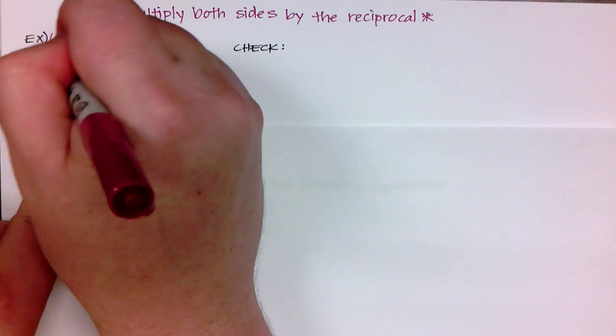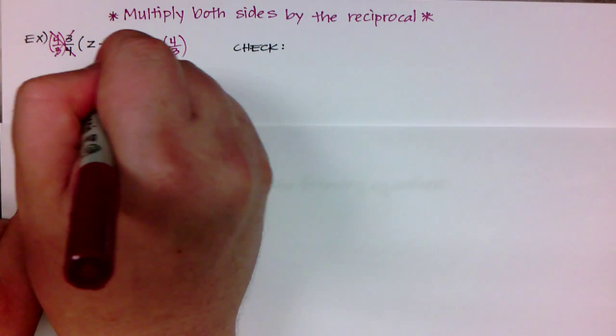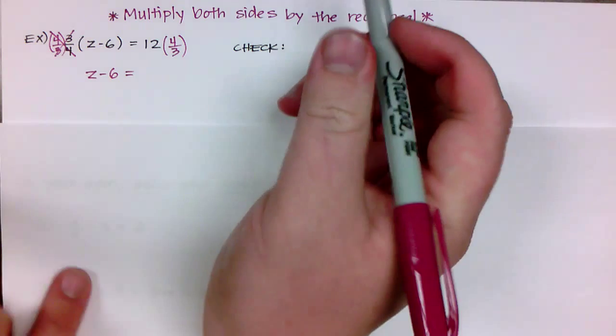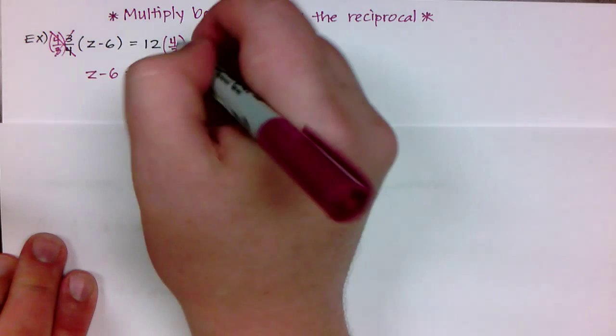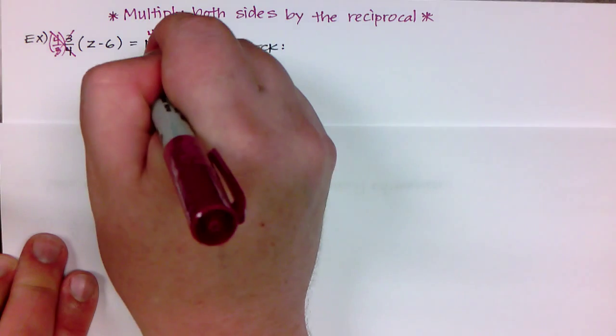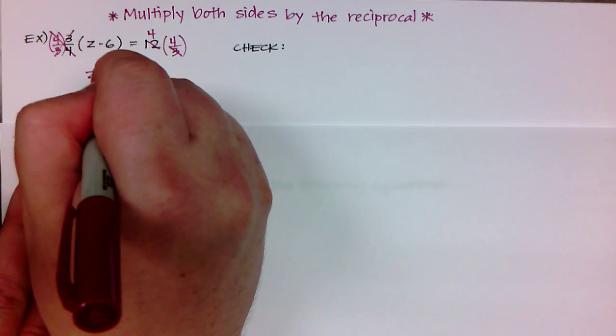Okay, so now those will just cross each other out, and I'm going to rewrite what I have. z minus 6 is now equal to, well, let's see, 12 and 3 cross cancel, and 4 times 4 is 16. Isn't that so much easier? That's awesome.